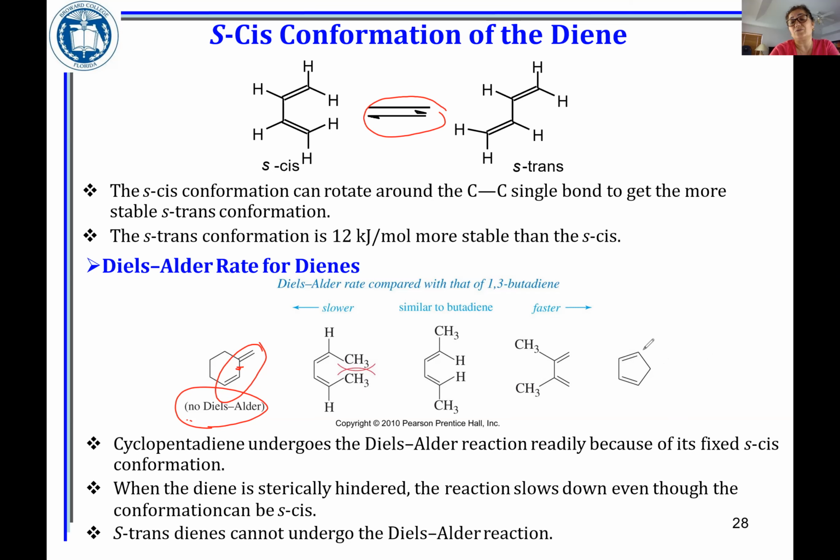And since it's ready to react, it can form the bond with the dienophile, which is the A and B carbon here. And that's the 1, 2, 3, 4. So it can go through Diels-Alder the fastest because it's a restricted cis. This diene is good because you have the 2 electron withdrawing groups on it.